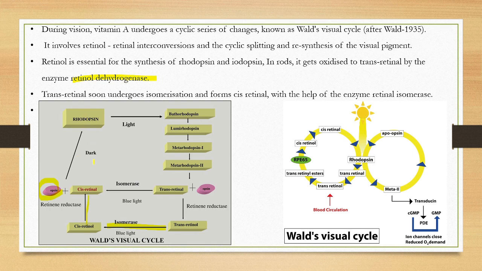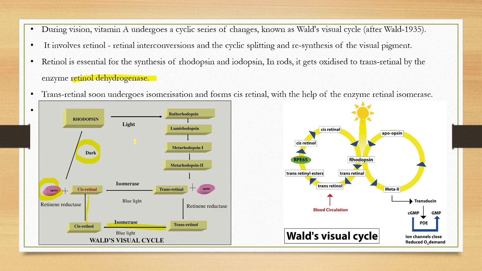This happens in dark conditions only. So darkness is required for the conversion of cis-retinol and opsin into rhodopsin. This also requires vitamin A, which is very much required for the reunion of opsin and cis-retinol.